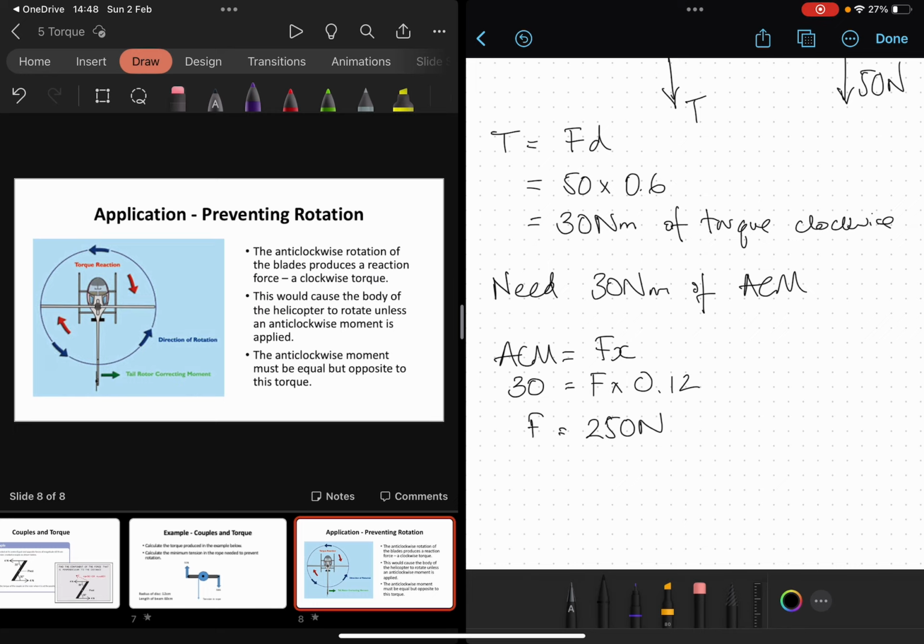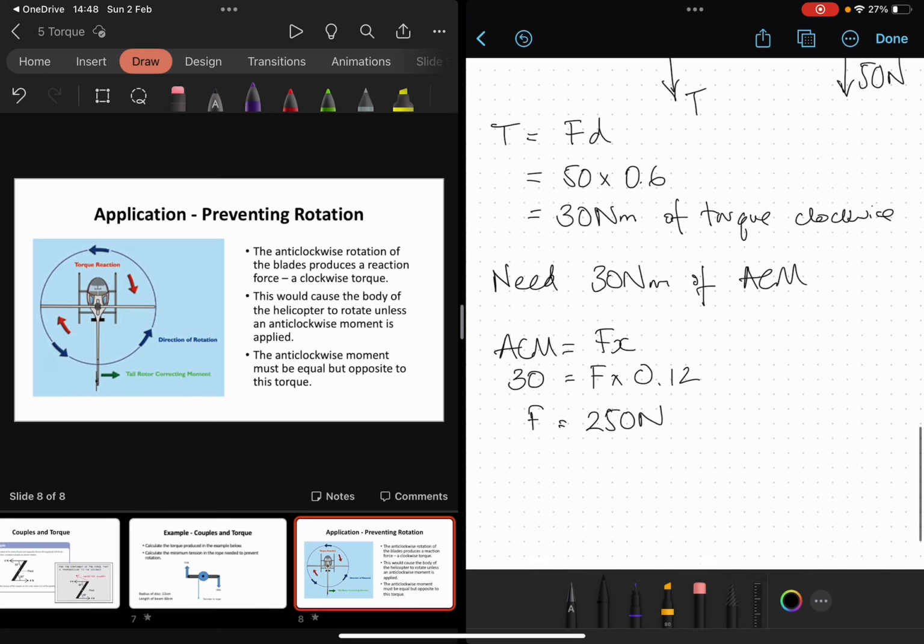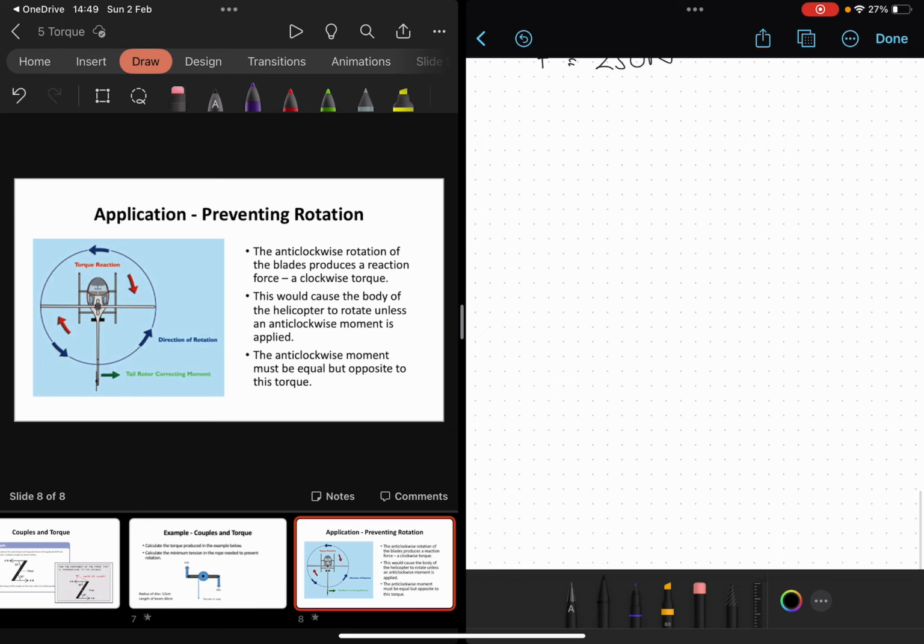Okay, finally, let's just have a quick look at an application of this. If you've watched any big Hollywood films, helicopters in a war zone, one of the strategies is to take out what we call the rotor fin, not the main blades, but the rotor fin at the back of the helicopter, and then you watch that helicopter going into a tail spin.